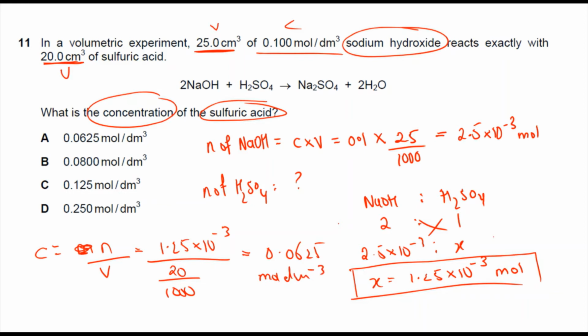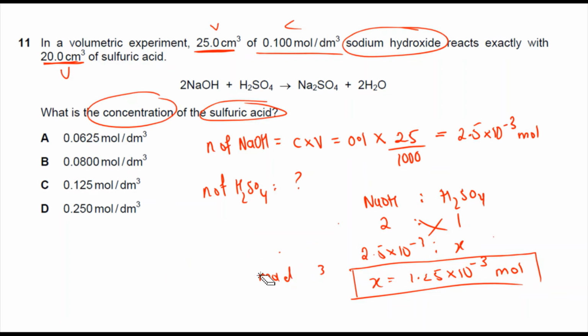I actually want to give a very short tip over here. For that, I would have to erase this. Wait a second. I'll write it down again, but in another way. You know, a person should know a bit of mental maths. Look, concentration is moles over volume, right? The moles are 1.25 into 10 raised to the power of minus 3.